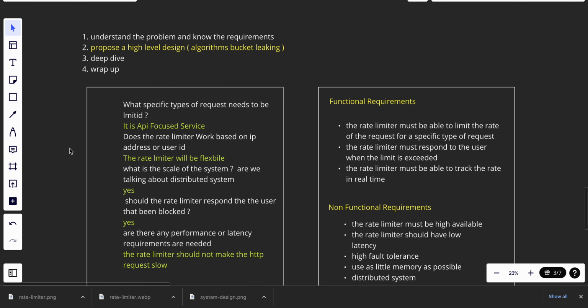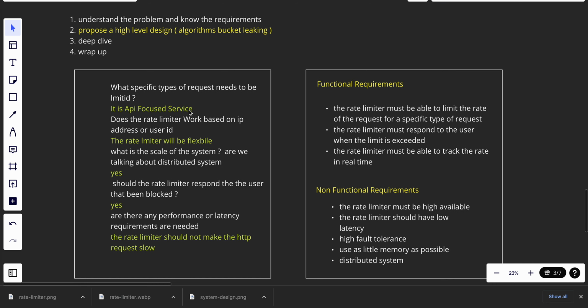In the first video of this series, we talked about how to understand the problem and how to know the requirements. We should ask from 5 to 10 questions, depending on how complex the topic is.